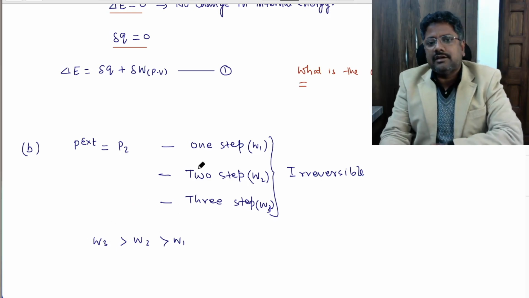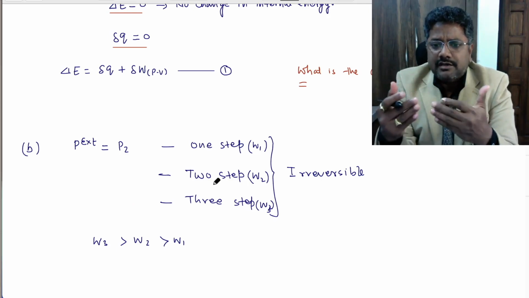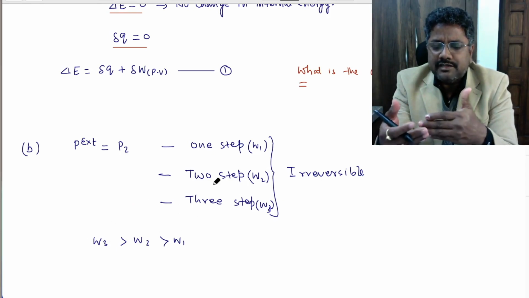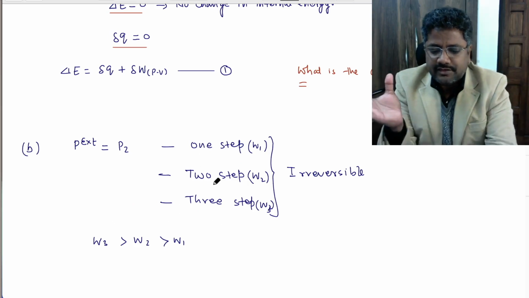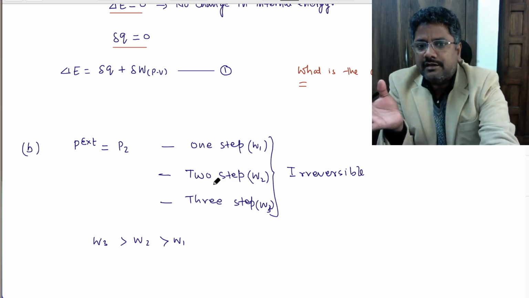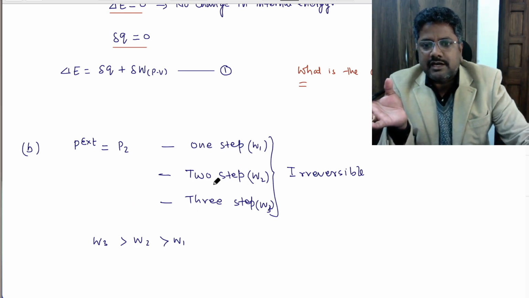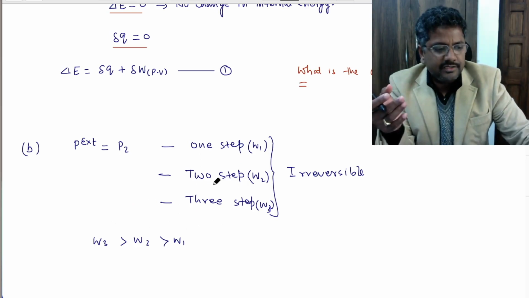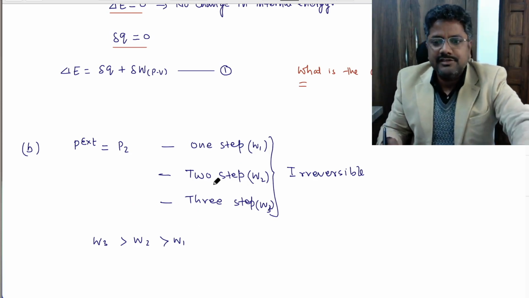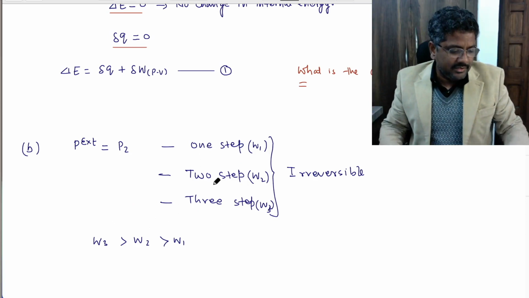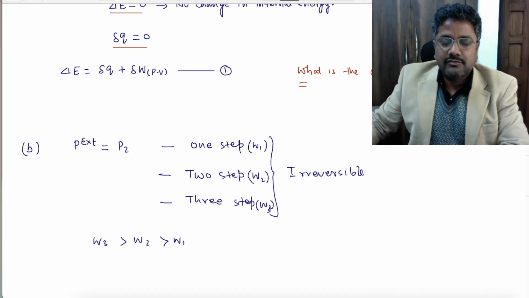If you do the irreversible process in one step, or the same irreversible process from the same initial state to the same final state in two steps or three steps, then if you increase the number of steps, obviously the work will increase.